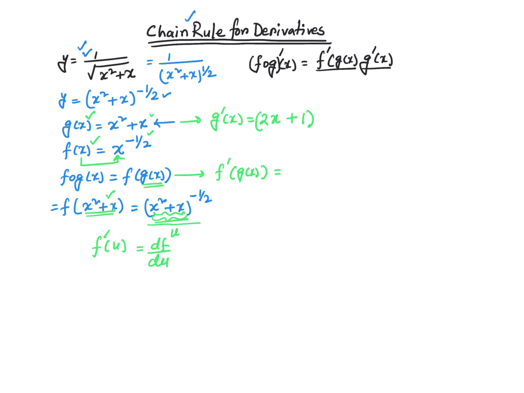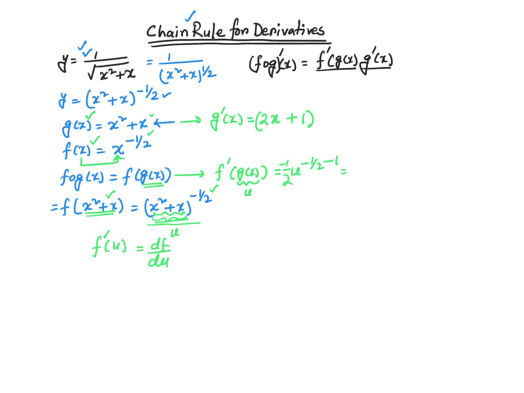So if I do that, let's say my g of x is just u, right? So it's going to be u to the power negative 1/2. That was right here. So I have to put negative 1 over 2 times u to the power negative 1 over 2 minus 1. I'm using the power rule.